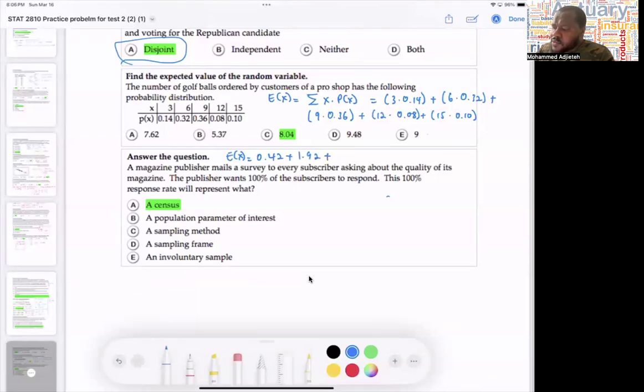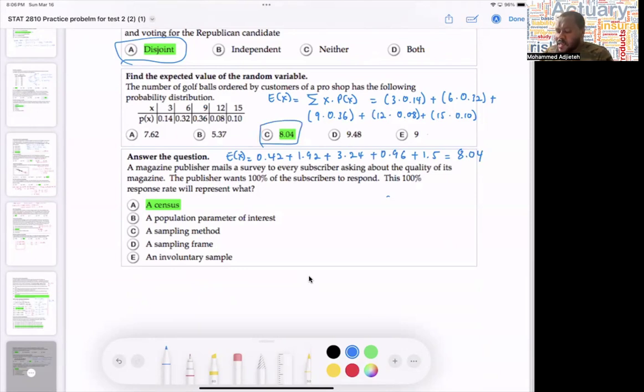If you do 9 times 0.36, you get 3.24, plus 0.96, plus 1.5. And then when you add all of them, you get 8.04. So that is going to be C.